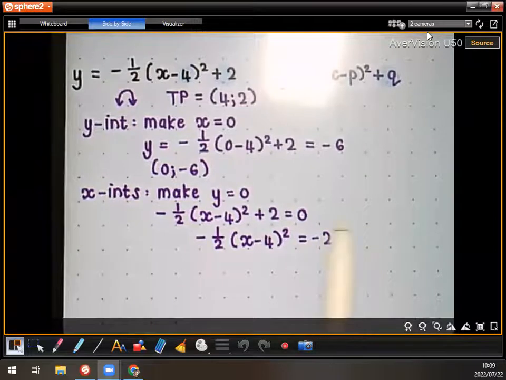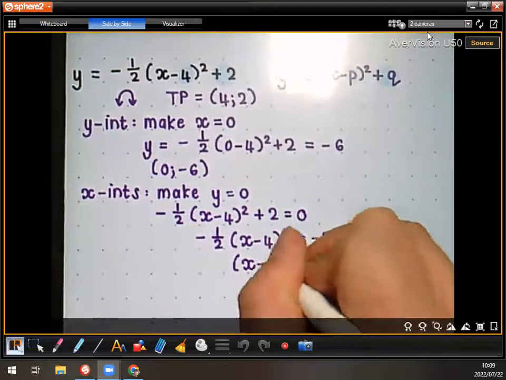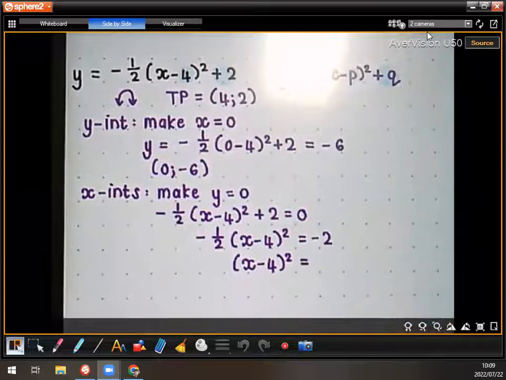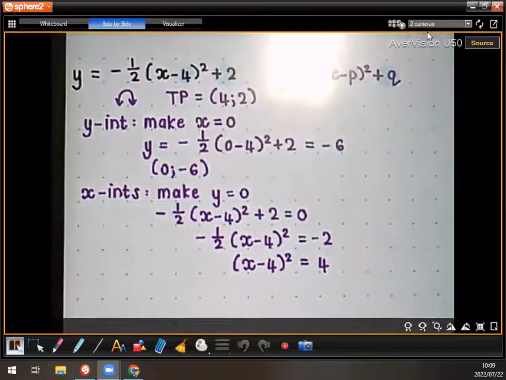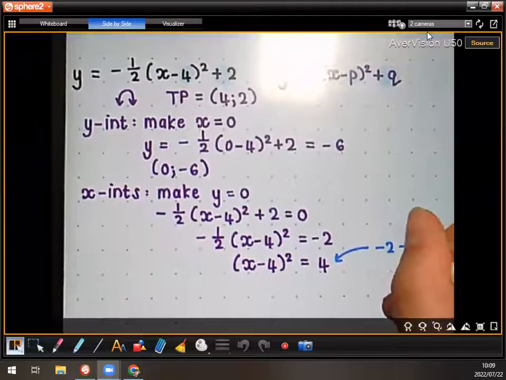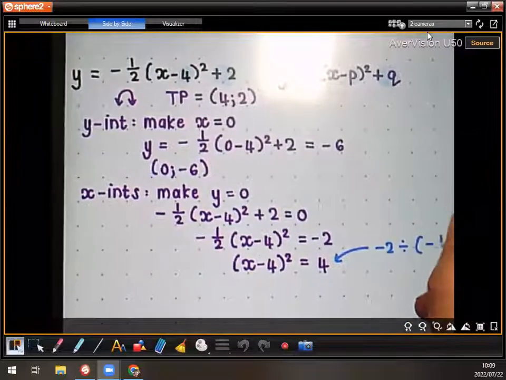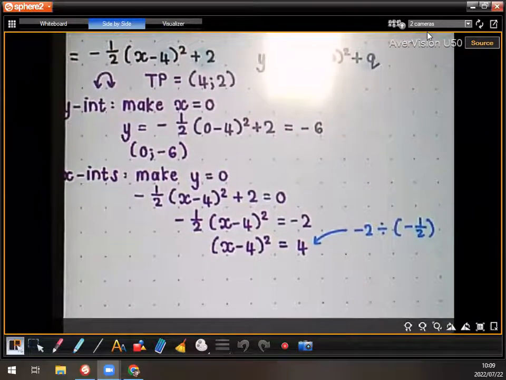I'm going to say negative 2 divided by negative a half on the other side as well. You're going to be left with negative 2 divided by negative a half, which is actually positive 4. You'll obviously just use the calculator for that, guys. Don't stress. But then we'll get 4.